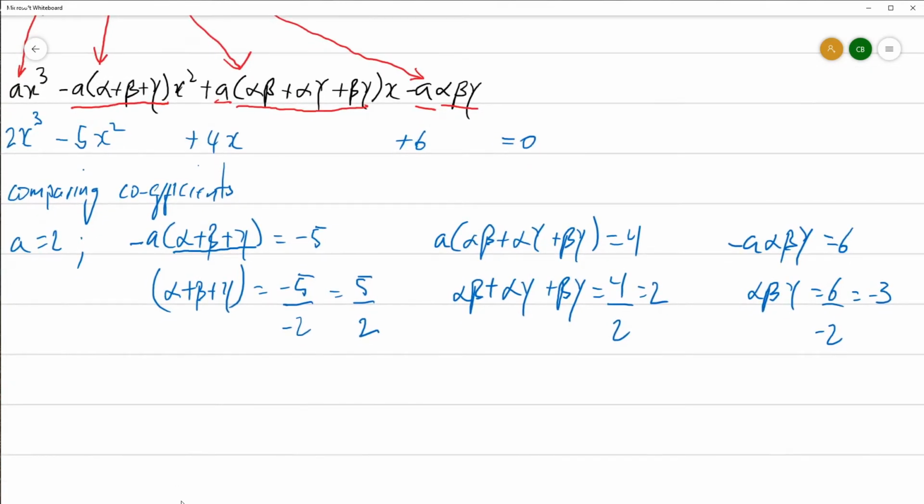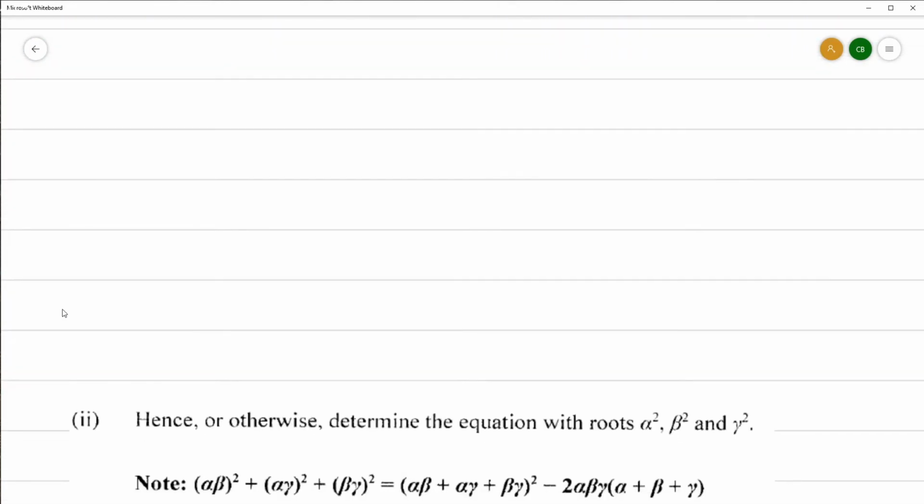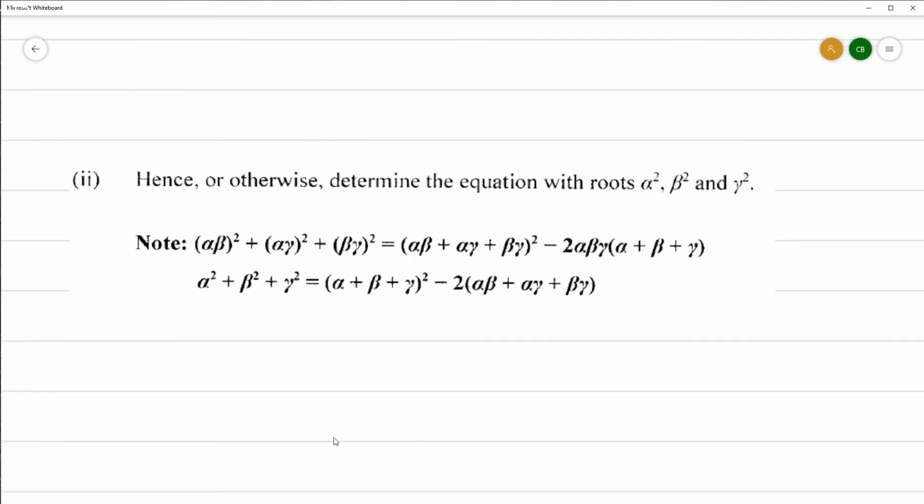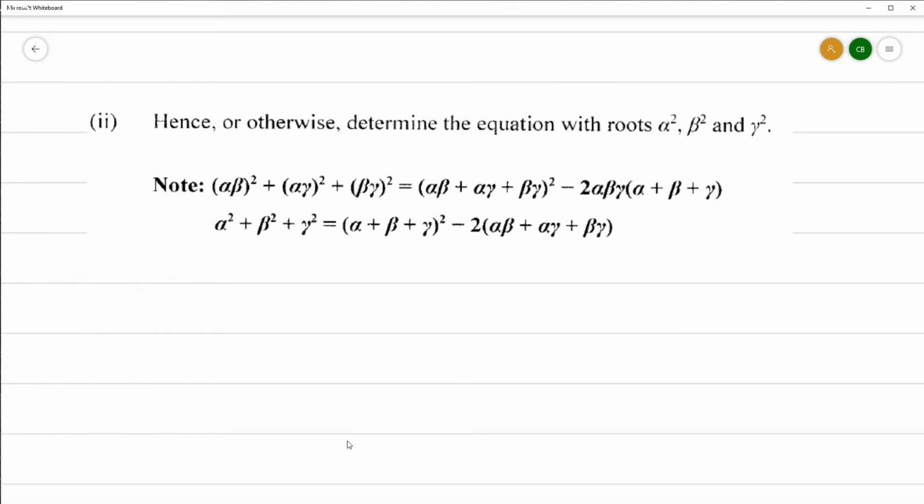So let's move on. Hence or otherwise, determine the equation with roots alpha squared, beta squared, and gamma squared.